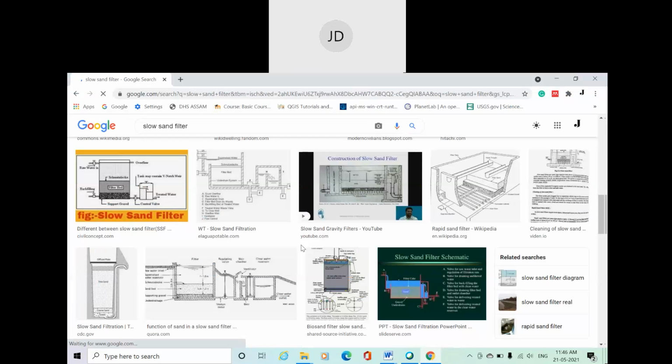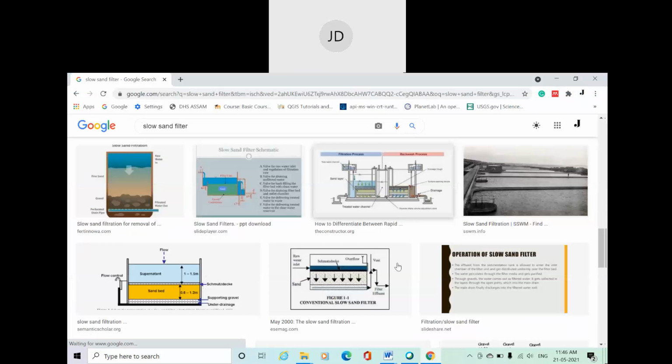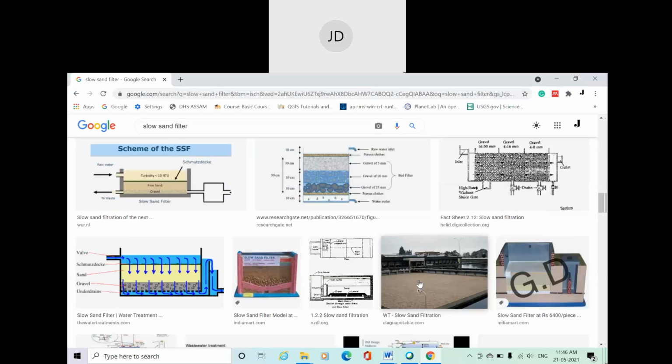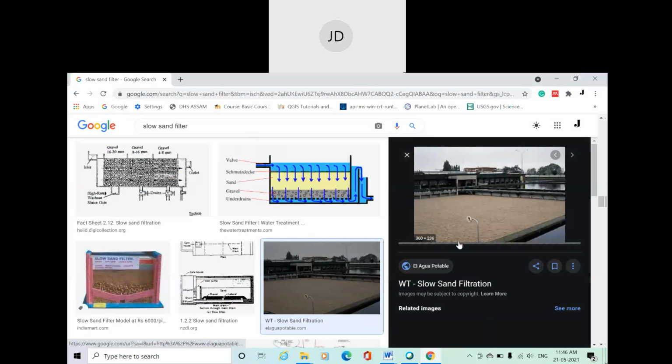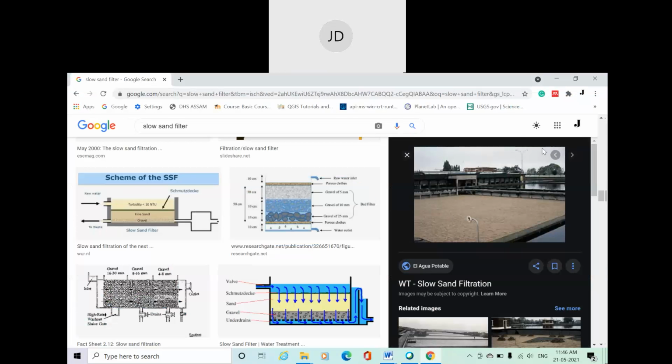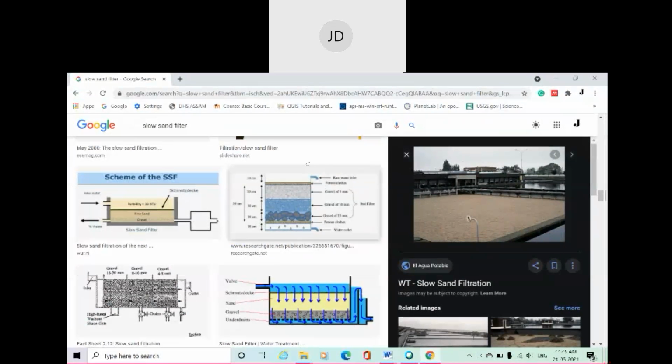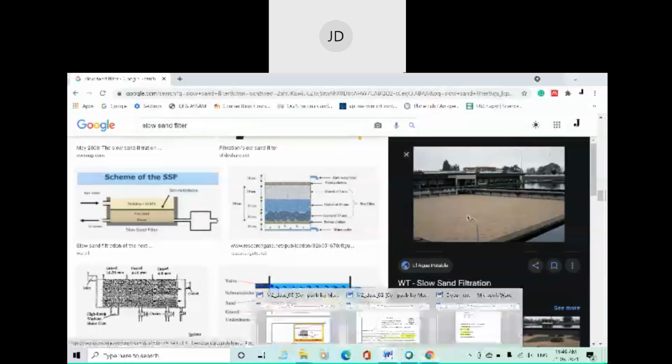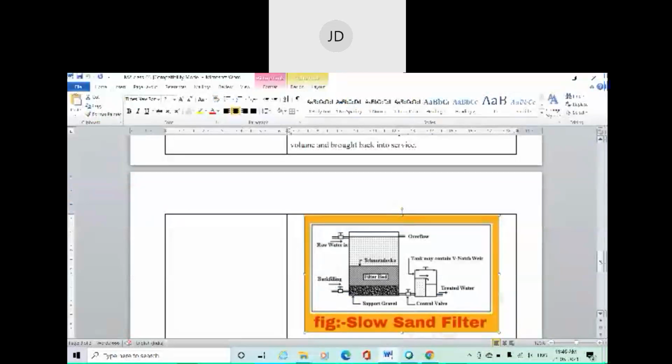Let's see if there is any real picture. Maybe it is there. Sloshing filter, here you can see, this kind of Sloshing filter. Anyway, you can go through the notes and you will get the idea about that.